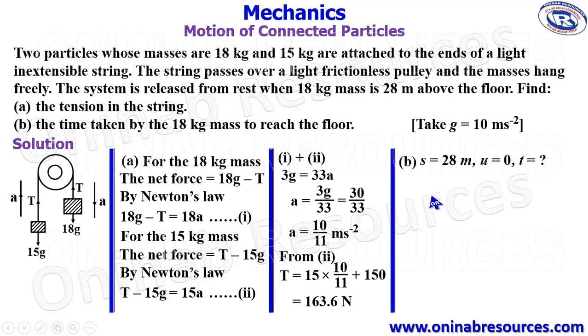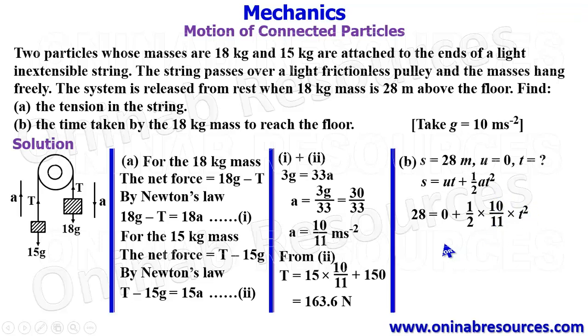Using one of the equations of motion, S is equal to ut plus half at squared. Our S is 28, and since u is 0, we have 28 equal to 0 plus half multiplied by our acceleration 10 over 11, then t squared.